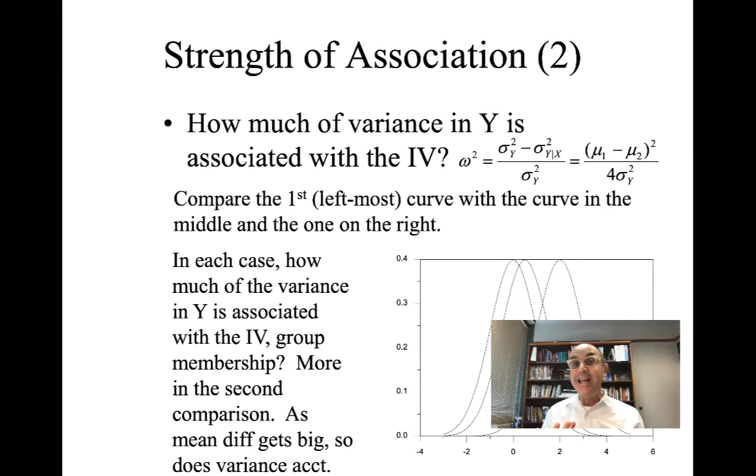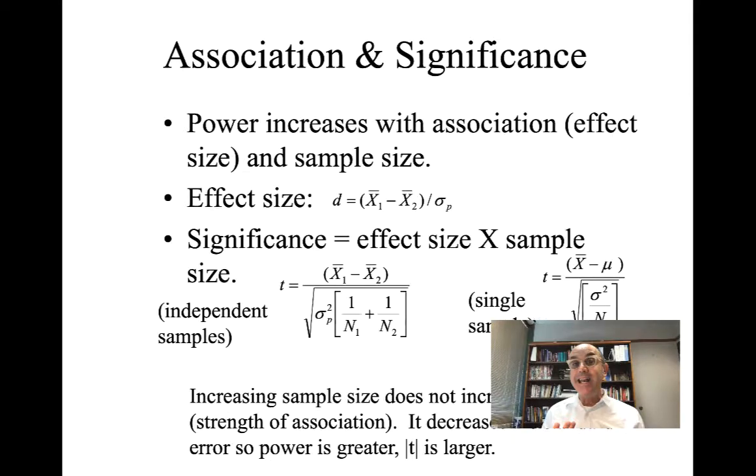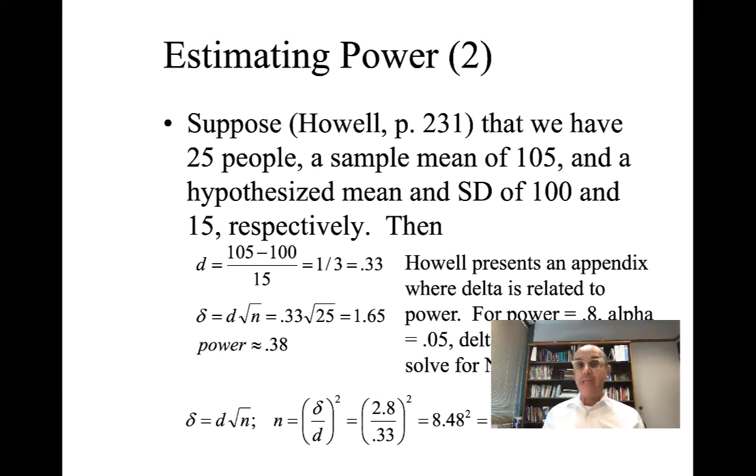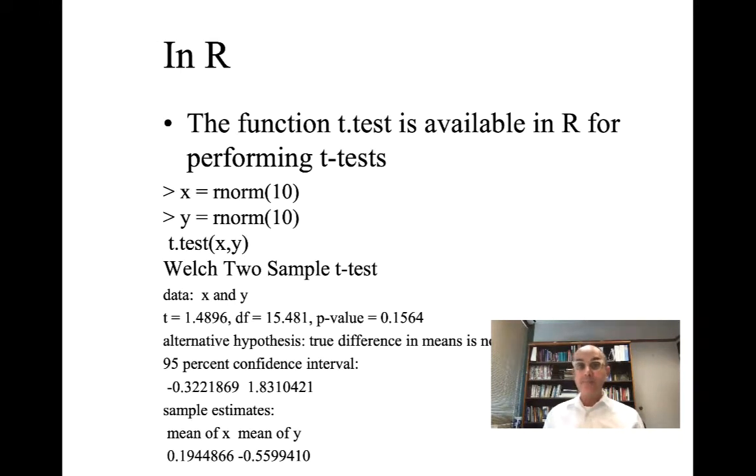So the strength of the association in this case is the following formula, and we are trying to measure the different levels of it. Power increases with the sample size and the effect size, so significance equals effect size multiplied by sample size. So those are how we estimate power and how we apply it.